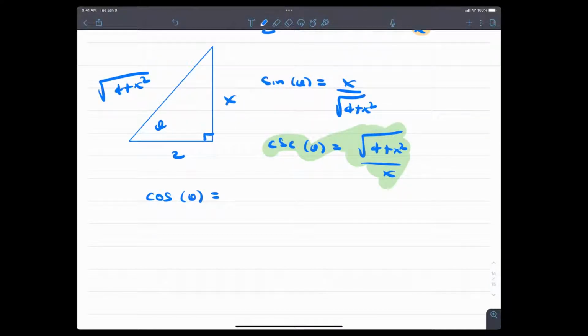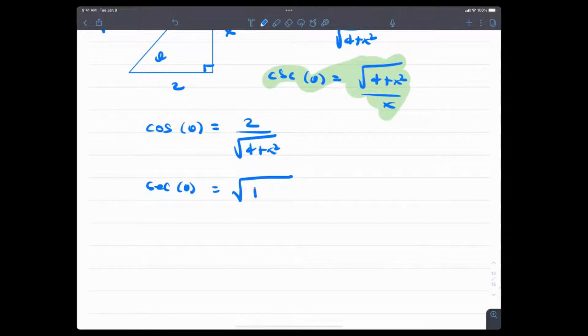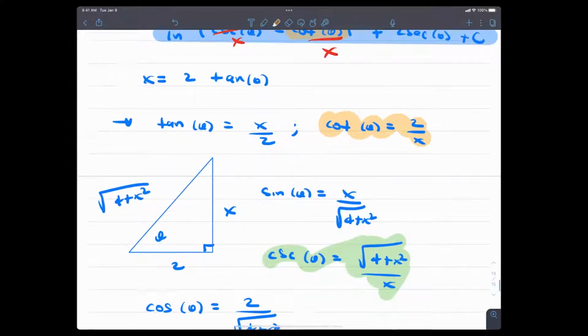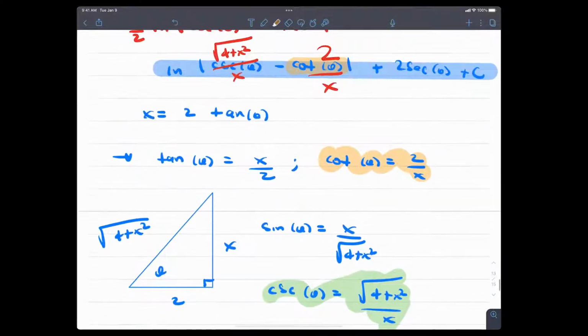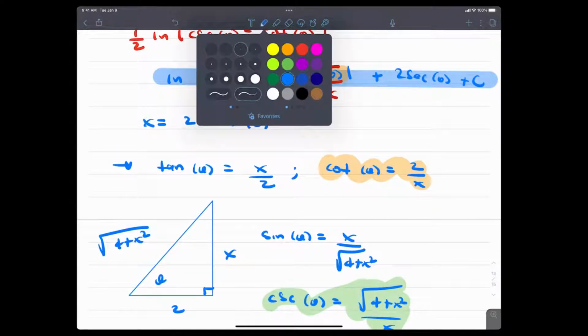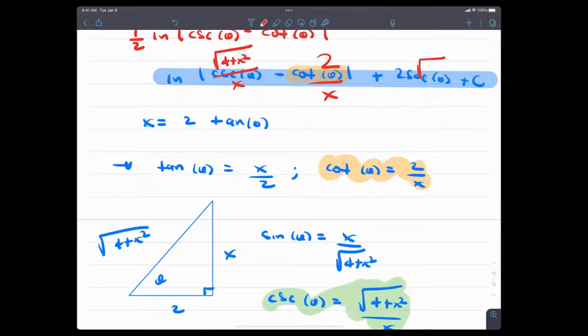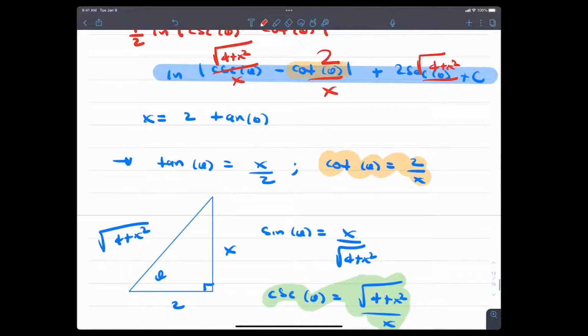Cosine is adjacent over hypotenuse, which means secant is hypotenuse over adjacent, square root of 4 plus x squared over 2.